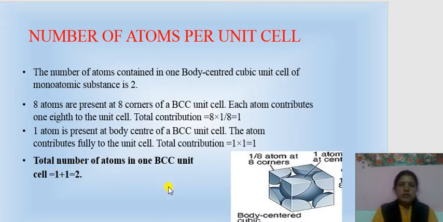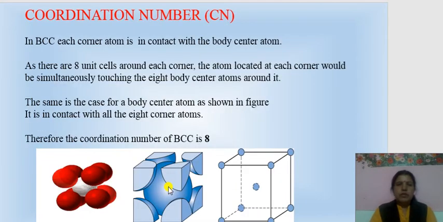Coordination number. In BCC, each corner atom is in contact with a body center atom. As there are 8 unit cells around each corner, the atom located at each corner would be simultaneously touching the 8 body center atoms around it.